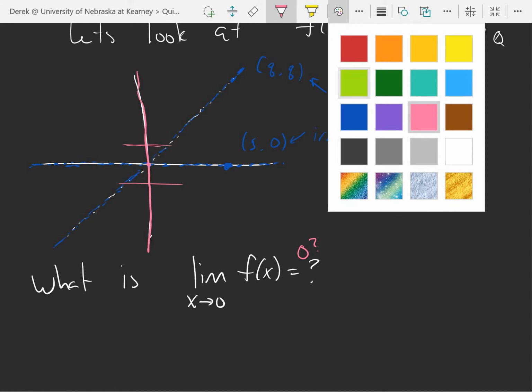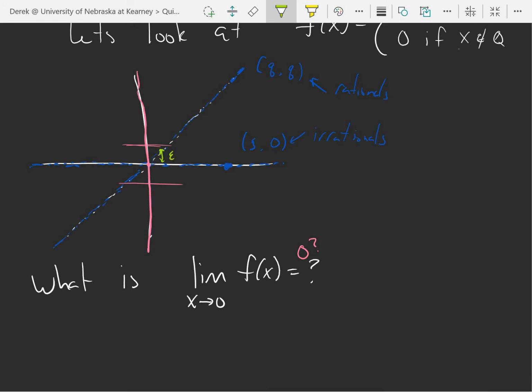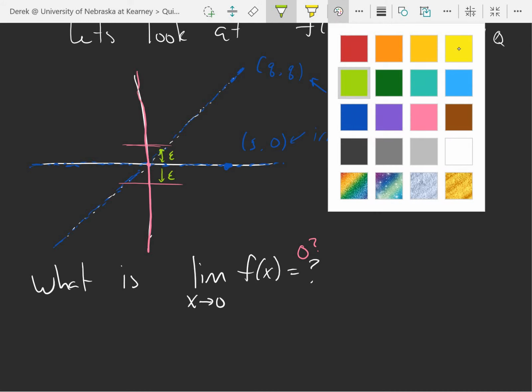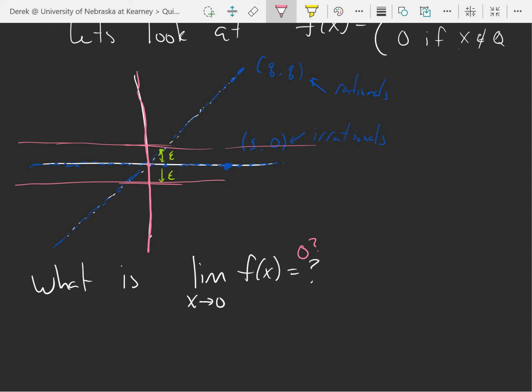Okay. Now, what I have to do is go up epsilon and go down epsilon, and see how far left and right I have to go to fit everything inside of this epsilon band. This epsilon band goes all the way out. How far left and right can I go to make sure that I'm within this pink area?